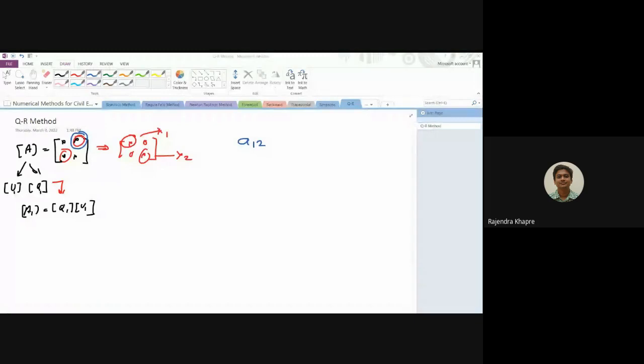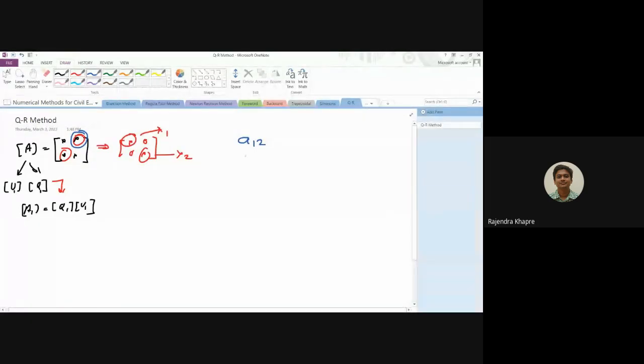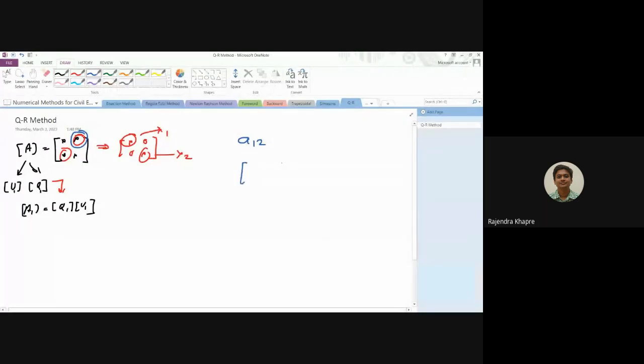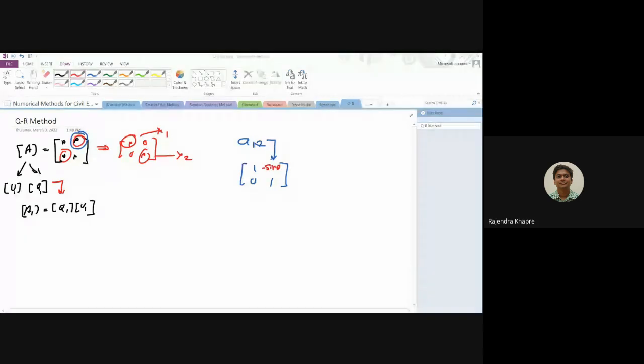If I am trying to eliminate A 1 2, your Q matrix will be something like 1 0 0 1, which is the identity matrix. Since it is a 2 by 2 matrix, it will have just 4 elements. Since we are trying to eliminate this particular element, Q 1 2, that is first row and second column, all you have to do is, in place of this, write sine of theta with a negative sign.